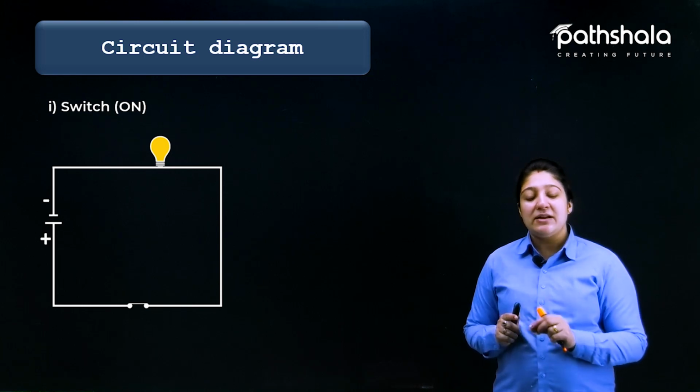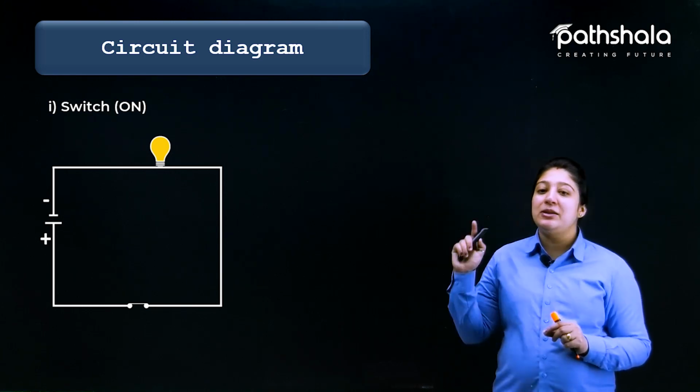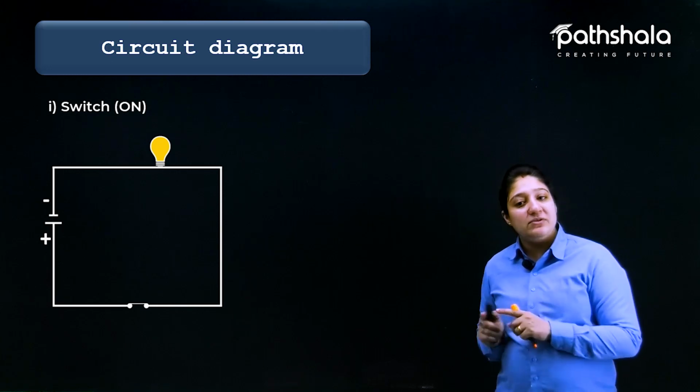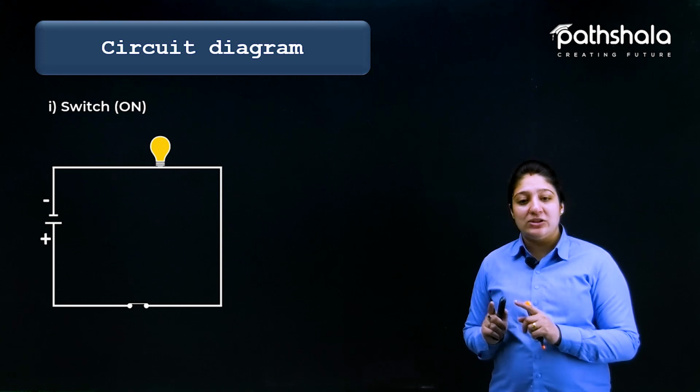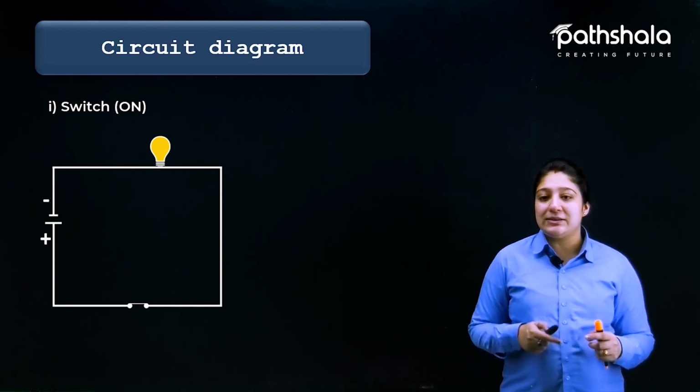In that case, the bulb will glow. This type of circuit is known as a closed circuit, or a complete circuit.